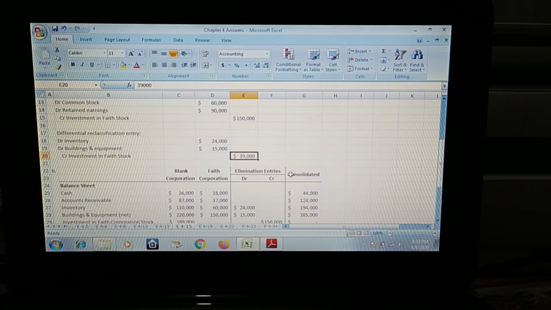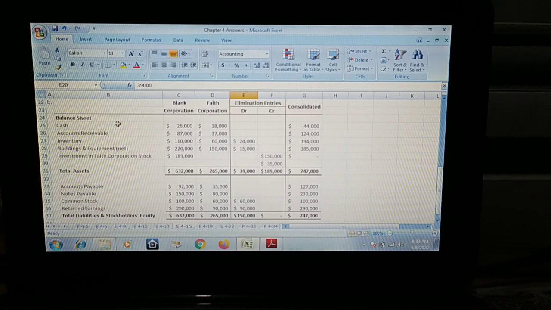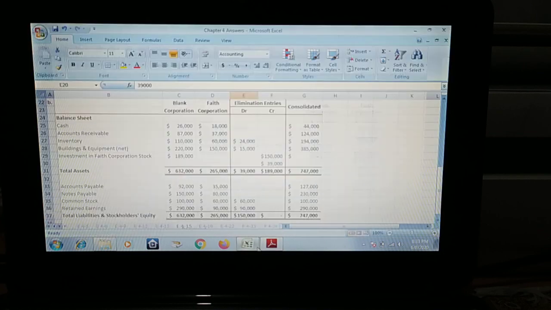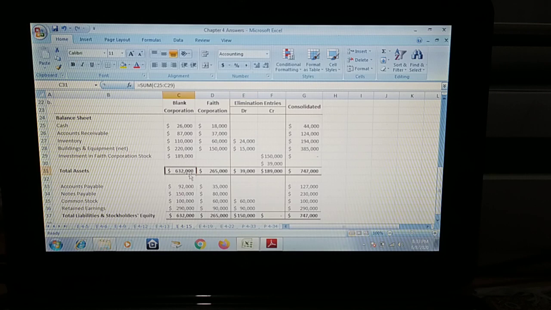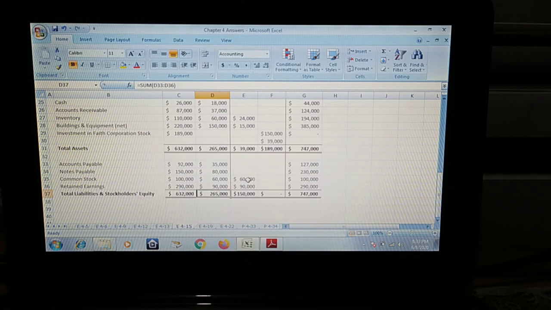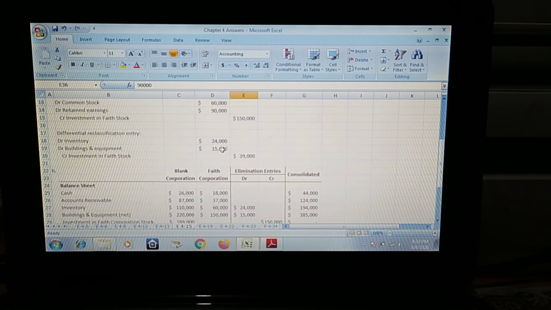And then B, we can do the worksheet already. Okay, so you just move all of the data from the question. Okay, the assets is from cash until investment, and then liabilities and stockholders' equity from accounts payable until retained earnings. Make sure it is balanced, and then you can go back to elimination entry to put off the numbers, okay.